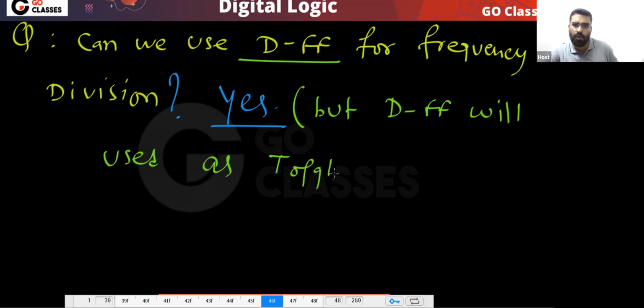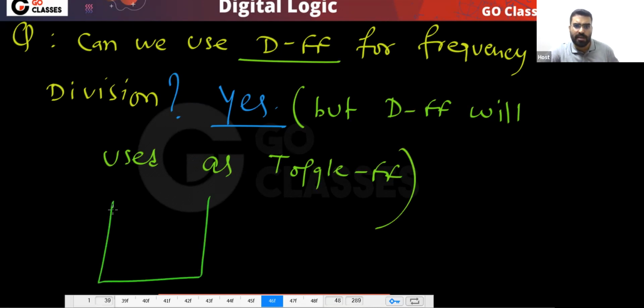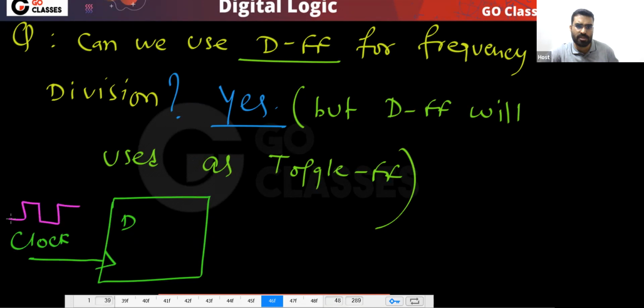The setting of D flip-flop I will do as a toggle flip-flop. If I want to use this D flip-flop for frequency division, let's assume it is a positive edge triggered flip-flop, and this is your clock.